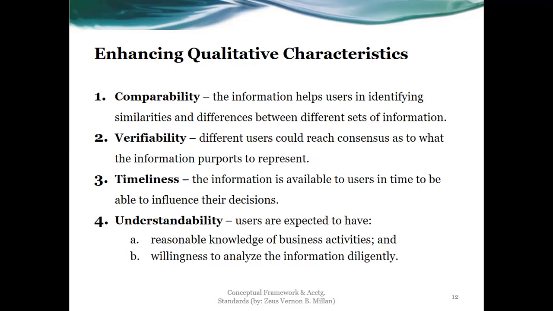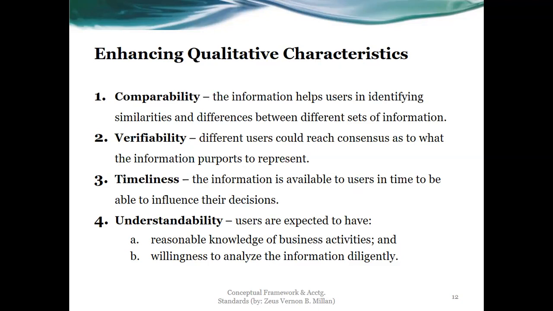If we have a lot of users and they are being given this particular information, they would really achieve a common decision or common outcome or common agreement as to the information that should be derived. All right. Next is comparability.